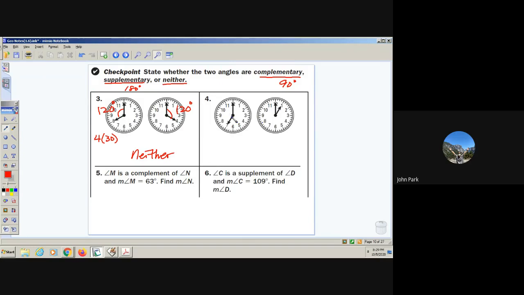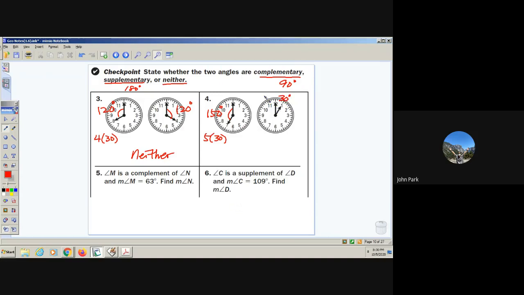Now here, from 7 o'clock to 12 o'clock, that's a 5-hour difference, right? You're moving 5 hours to get from here to here. So that's 5 times 30, since each hour is 30 degrees, which is 150 degrees. Now, that's only 1 hour here, so that's 30 degrees, because each hour is 30 degrees on the clock.